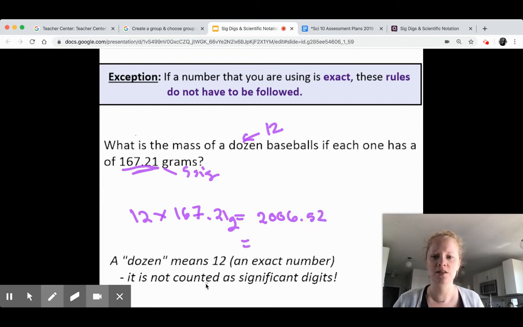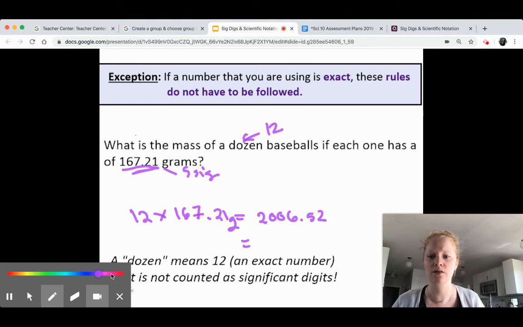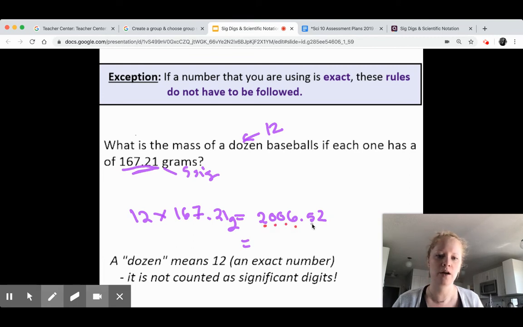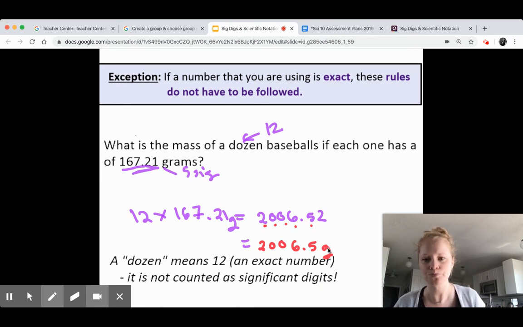With 5 sig digs, I am going to go with 1, 2, 3, 4. I gotta stop here. So 2006 point, this 2, which I don't get to include, influences my rounding, which means it stays the same. So therefore, I have 2006.5 grams, okay?